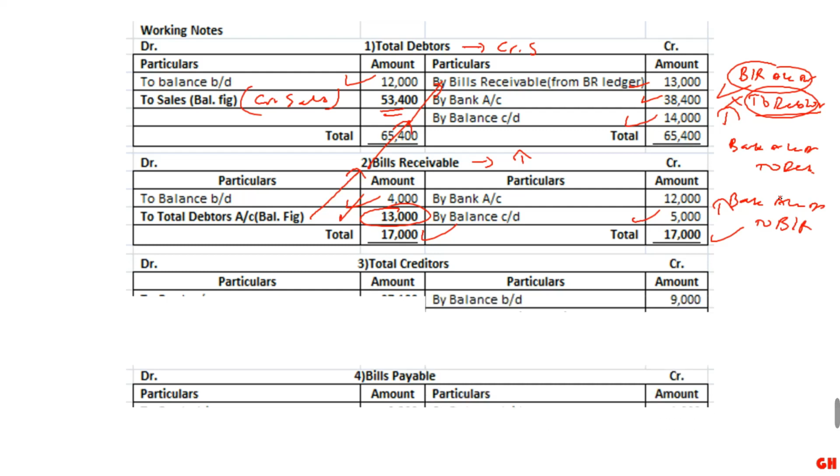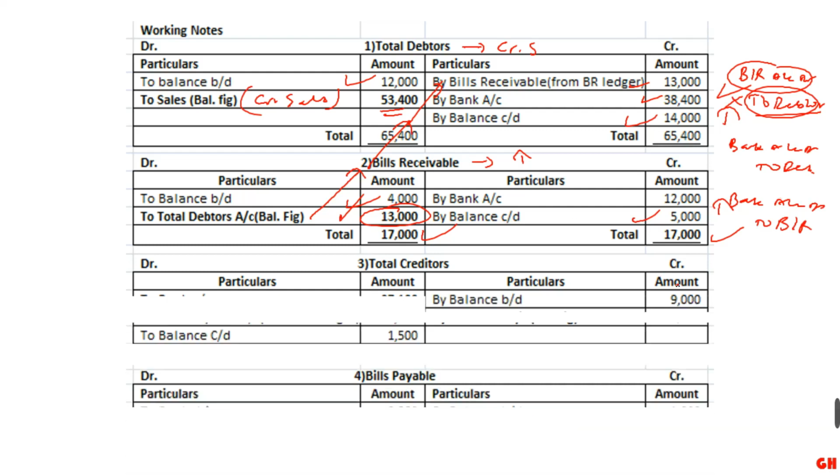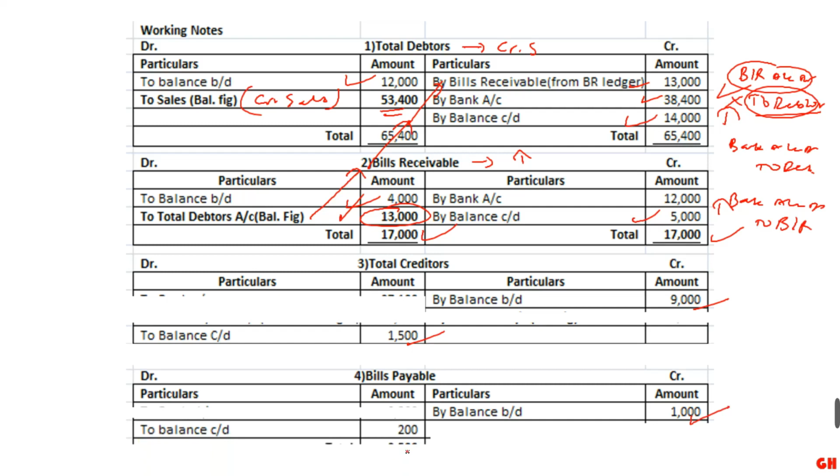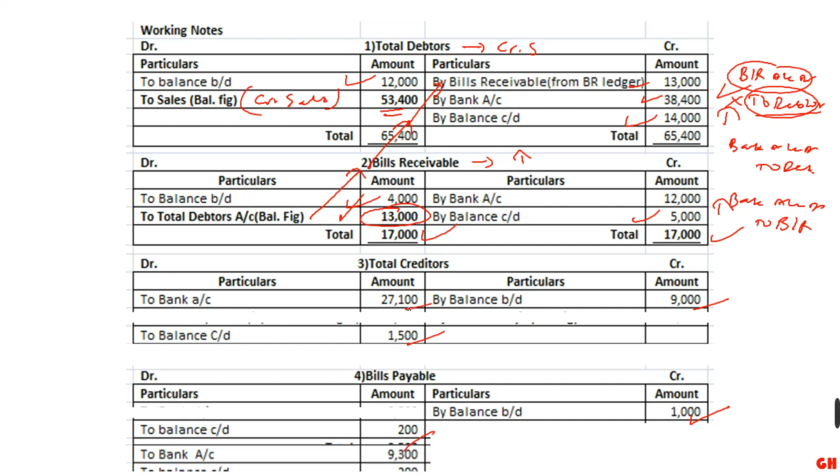We will first transfer balances: opening and closing balances, then to bank account, payment made. Whenever payment is made, the entry is creditor account debit to bank account 27,100, and similarly when payment is made for bills payable, then bills payable account debit to bank or cash account 9,300.